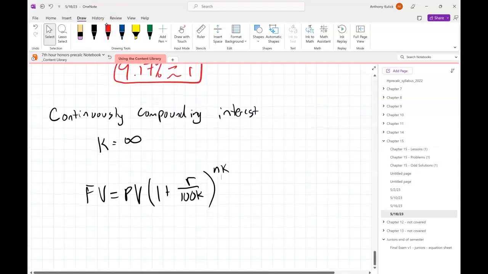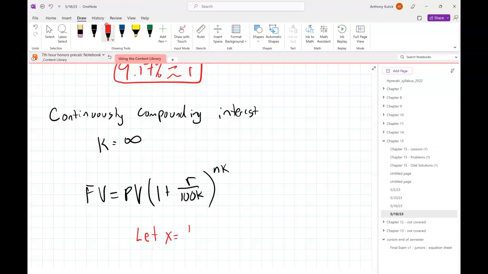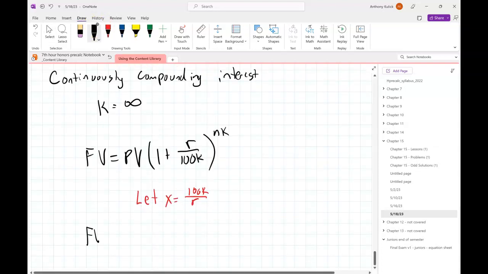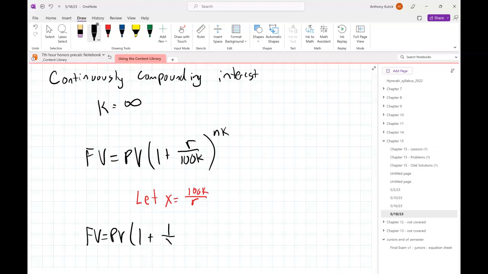So let's think for a moment. I'm going to say let x equal 100k over r. So we have r over 100k. Yep. So that's going to mean we have a 1 over x in here. Everybody agree?